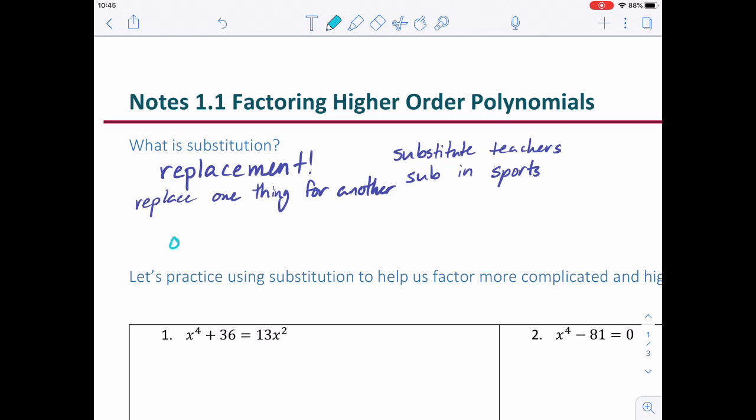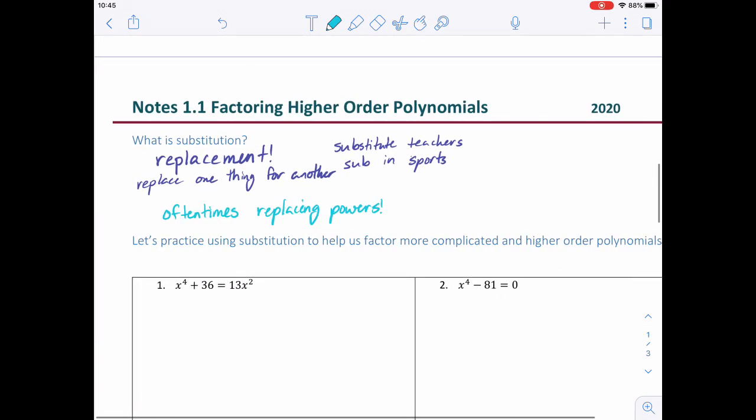And oftentimes, for us, this is replacing powers. Basically, we want to find a way to rewrite high powers with low powers.